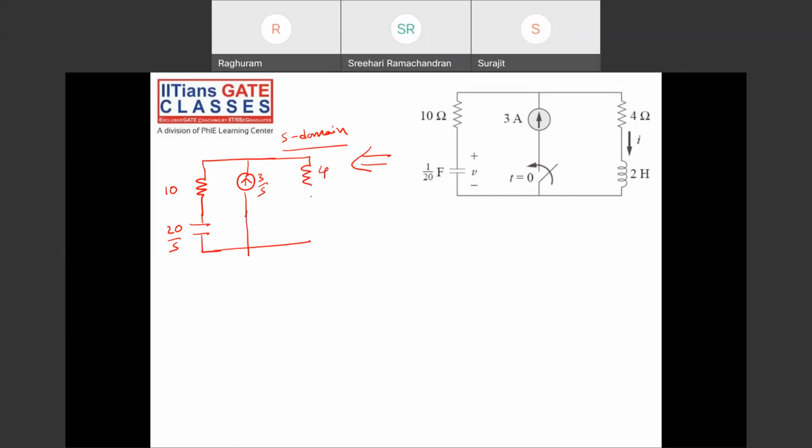This is 4, and the inductor will be S into L, or 2S. This is how it is.